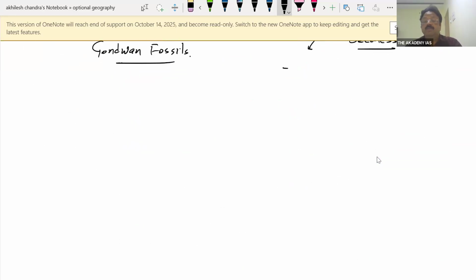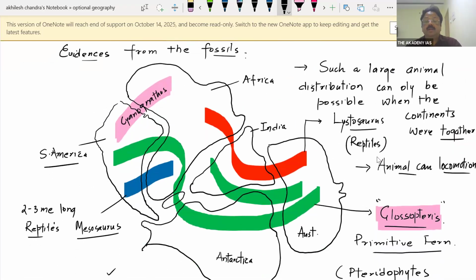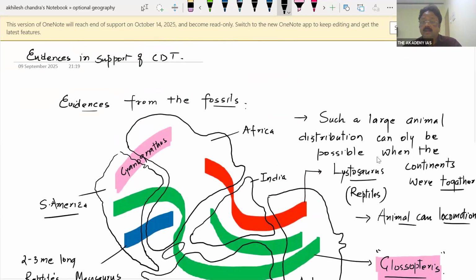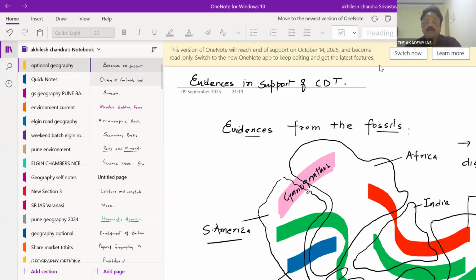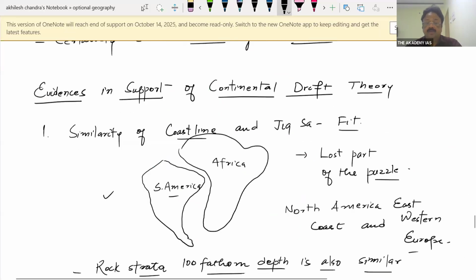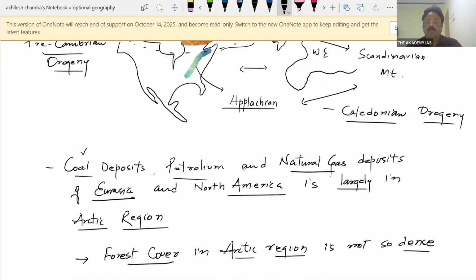What evidences have we covered? We covered evidences from glaciated landforms. Let me check. Similarity of coastline we have covered. Fine. And similar rock strata, orogeny we discussed, coal deposit, forest cover.